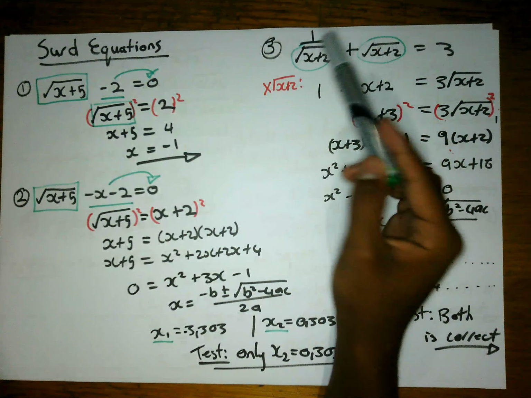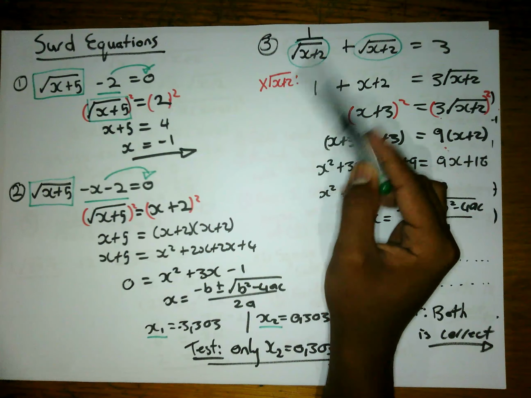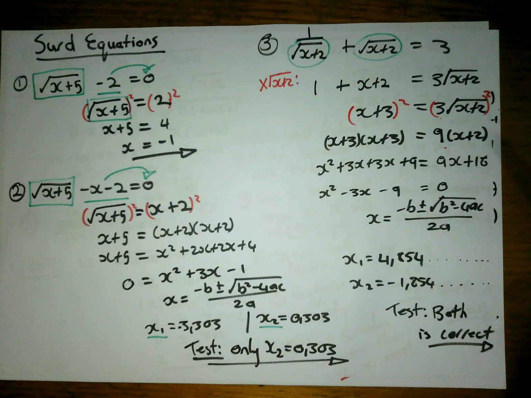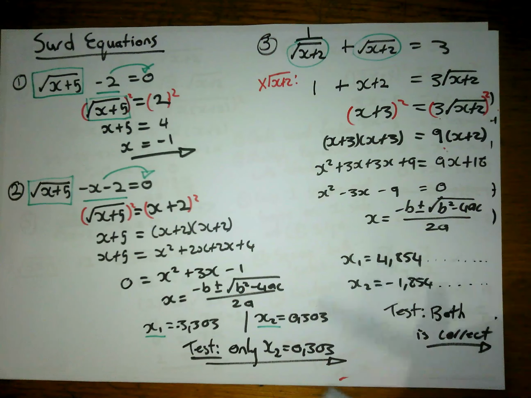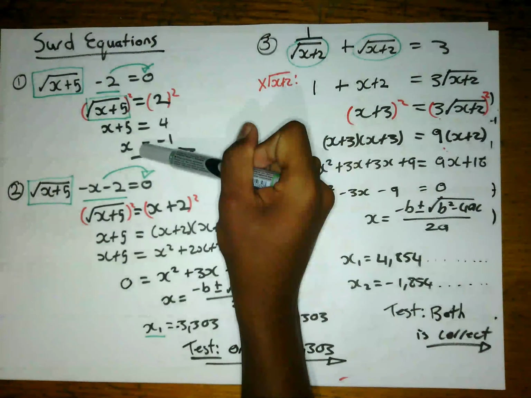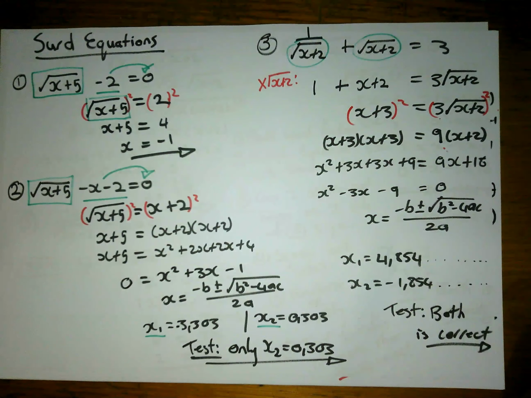Again, also we don't want a fraction, so we multiply with the denominator. Then we factorize. Then we test, or we simplify. These steps will be the same throughout the entire video. Whenever they ask you a third question, it will most likely always be like this.